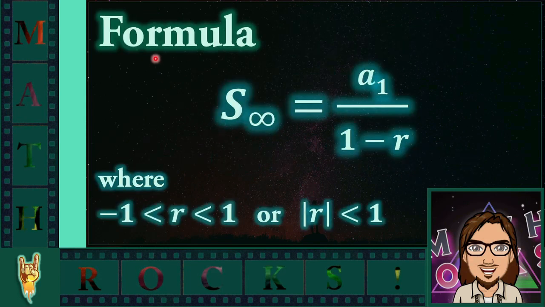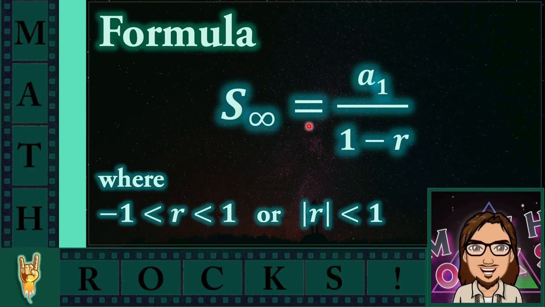And here is the formula for the infinite geometric series, which happens to be S, and we have here the symbol for the infinite. So we are trying to get the sum of all the infinite terms in an infinite geometric sequence, which happens to be equal to a sub 1 all over 1 minus r, where we have the value of the common ratio be greater than negative 1 but less than positive 1.